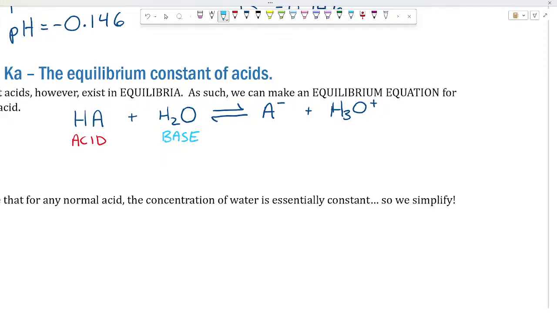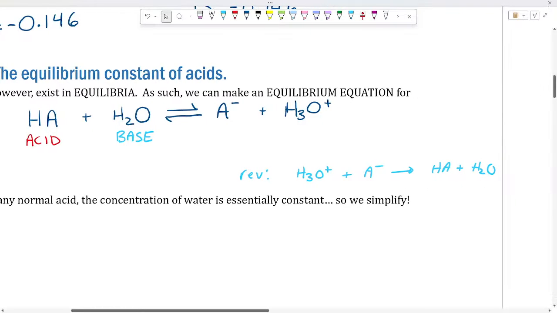Put your pencils down. The reverse reaction looks like this. H3O plus bumps into A minus and it forms what again? HA and water. Do not write this. Leave those pencils down. If this were the reaction, which one would we call the acid?